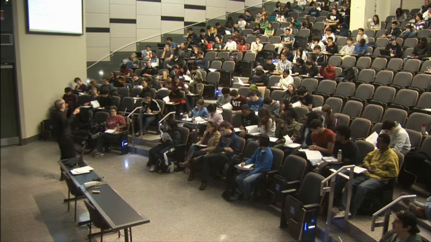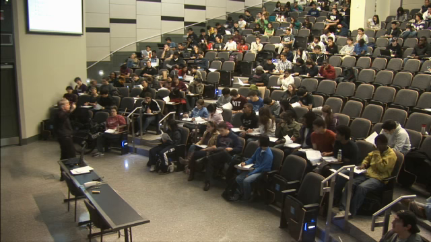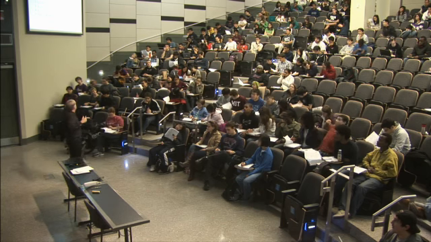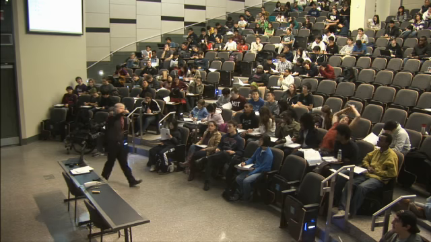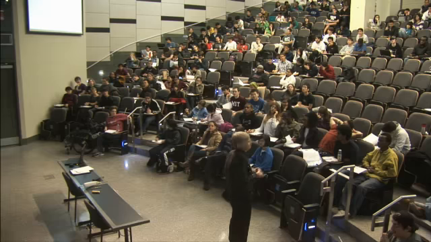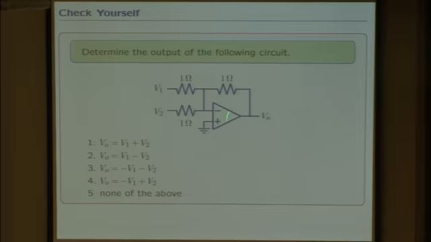The previous slide had to do with ideal op-amps. What's ideal op-amp say? V plus equals V minus. What happens here if V plus is equal to V minus? Well, what's V plus? So what's V minus? 0. So if V minus is 0, what do I do now?